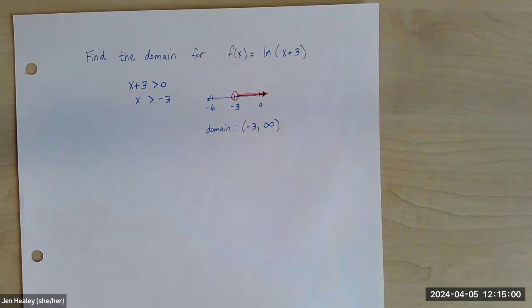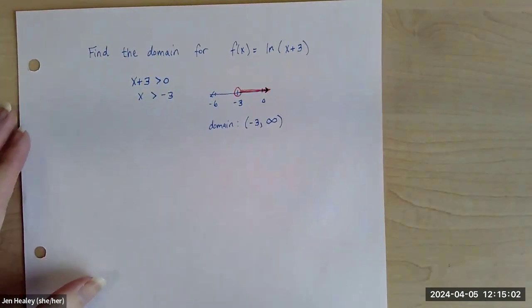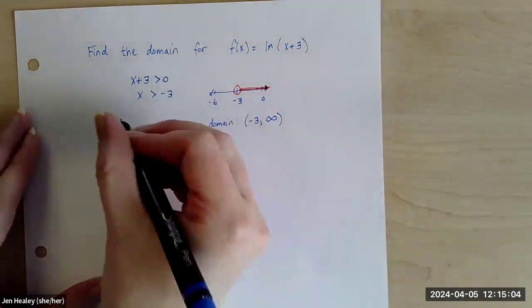How would this change if we had some additional pieces?